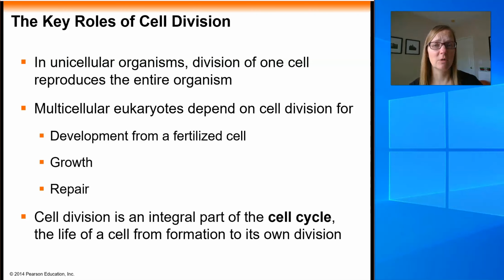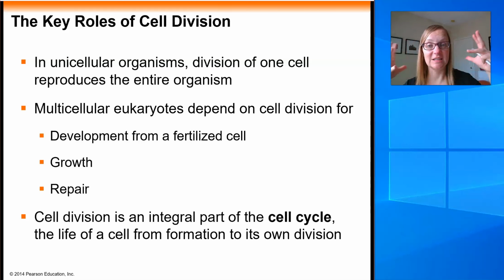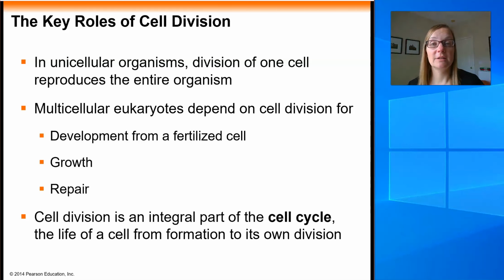Every single one of us started out as a single cell, just one lowly little cell, when the egg cell was fertilized by the sperm cell to create that zygote. From here, that zygote divided to 2 cells, and those 2 cells divided to make 4 and 8 and 16 and so on and so forth, until eventually you grew, you developed into the multicellular organism that you are now, made out of trillions of cells.